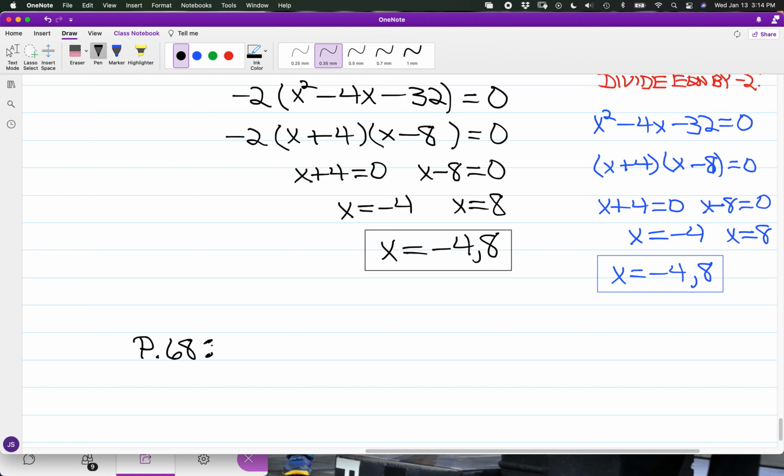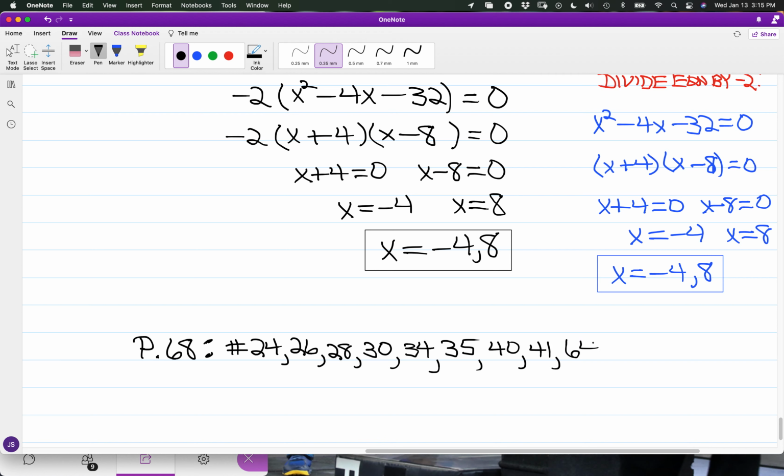From page 68, we have numbers 24, 26, 28, 30, 34, 35, and rounding out the rest, 40, 41, and also number 64.